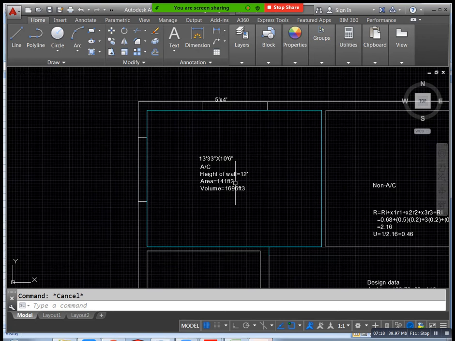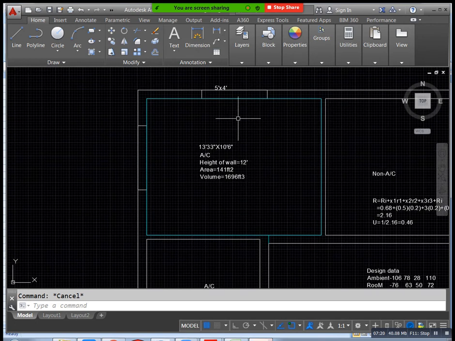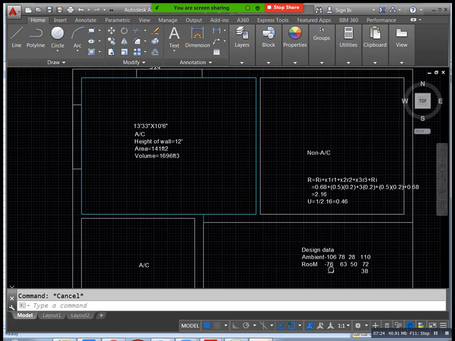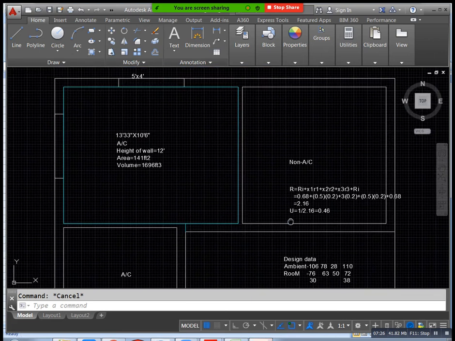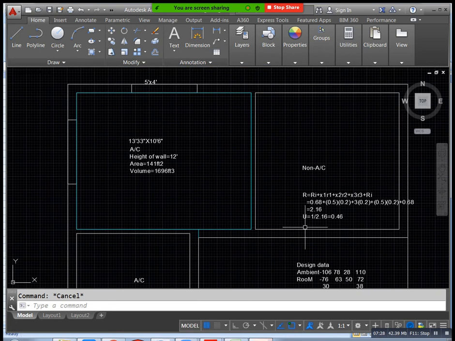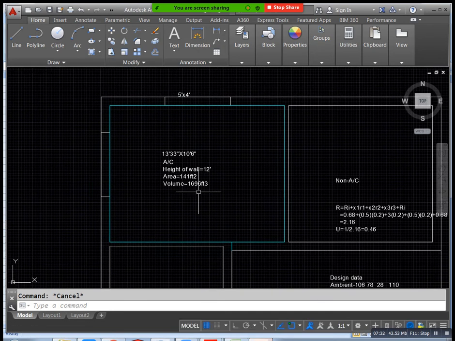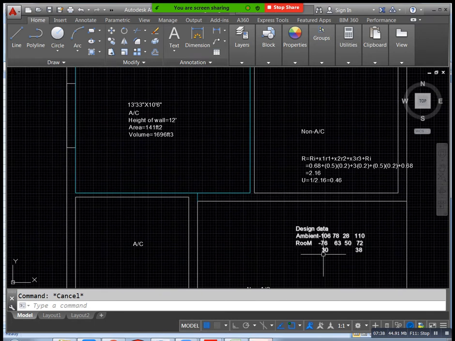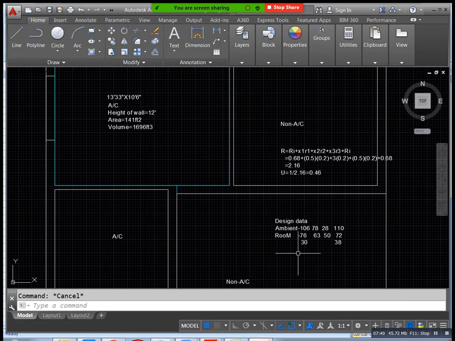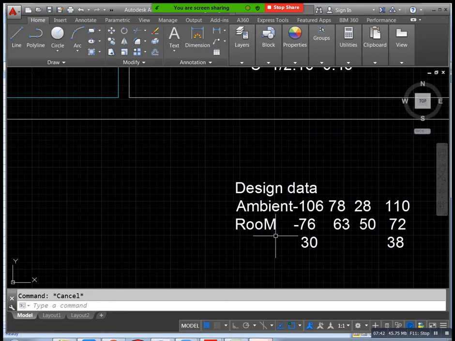How can we calculate this condition? How can we calculate our complete heat load calculation? First of all we need to know the area and the volume of the room, and the design data. In this design data you can observe we have ambient temperature and room temperature. What is ambient temperature and what is room temperature? Ambient temperature means outside design data, based on your location you need to take these values.